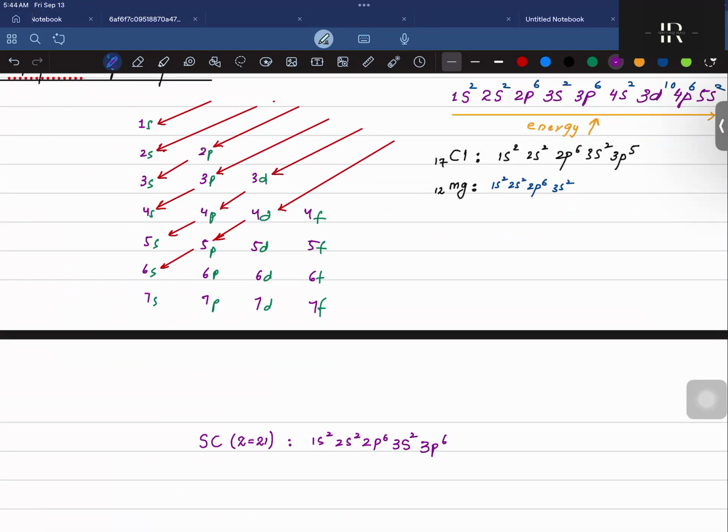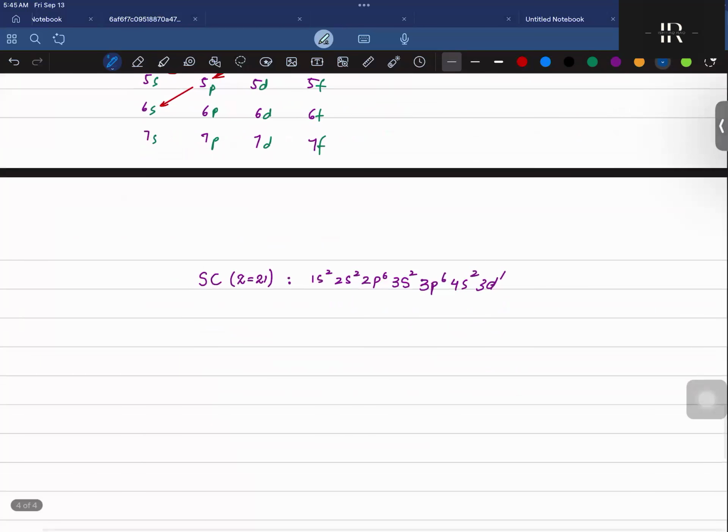How many is that? 2 plus 2 is 4, plus 6 is 10, plus 2 is 12, plus 6 is 18. Then 4s2, and then 3d1. Exactly. Good.